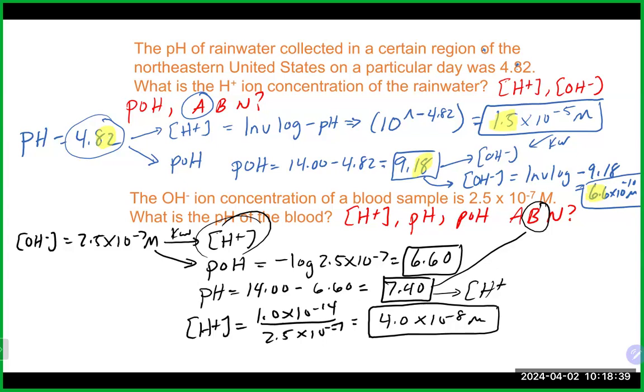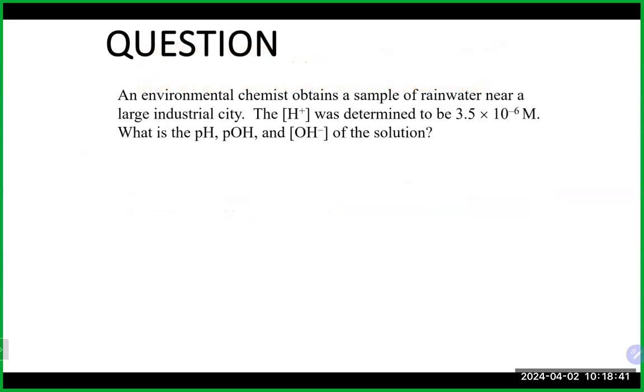All right, let's try a few more here. I think same thing, we're pretty much calculating everything. And is it acidic, basic, or neutral in this case? Here we are given the H plus concentration of 3.5 times 10 to the minus 6.